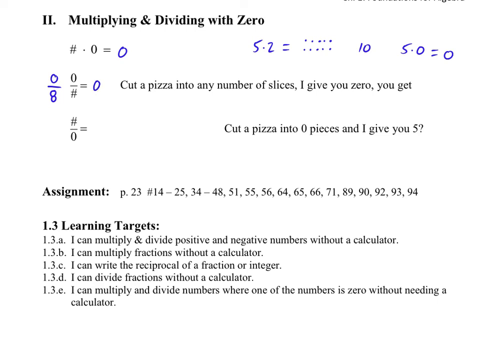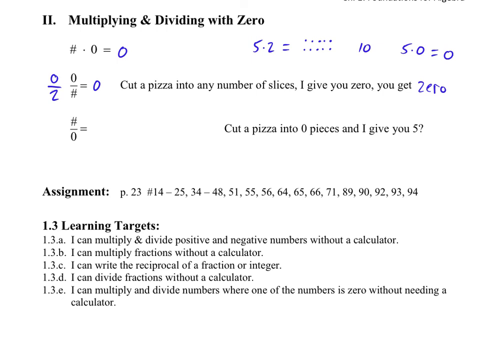So 0 divided by a number is going to be 0. And it doesn't matter if I have 8 pieces of pizza there. Maybe instead of 8, I have 2. I take the pizza, I cut it in half. If you get 0 of the 2, you still get 0. So 0 divided by a number is always going to be 0.